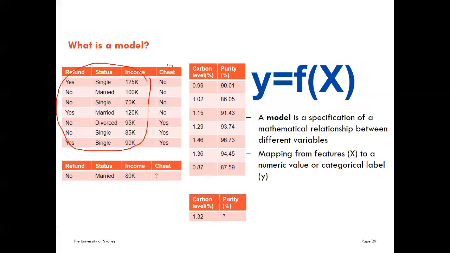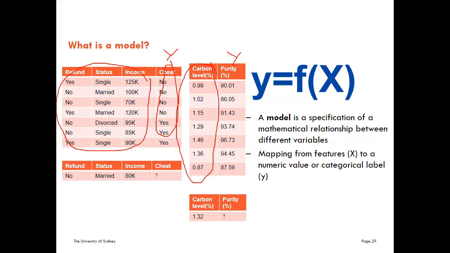This is our label, which we can say is y. For each row, we can label whether that person has cheated or not cheated. And the same for this one. This is different data. This is our x, and this is our y, the label. For each row, we have the label.